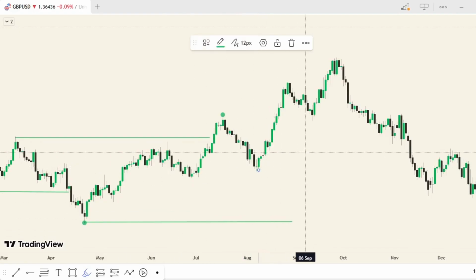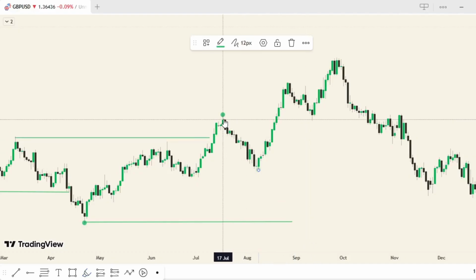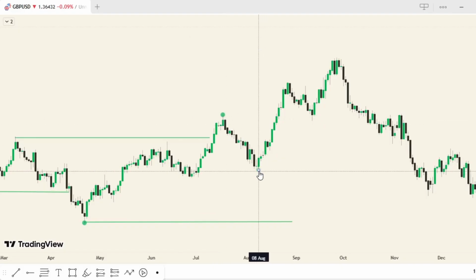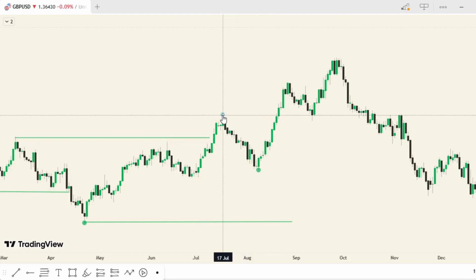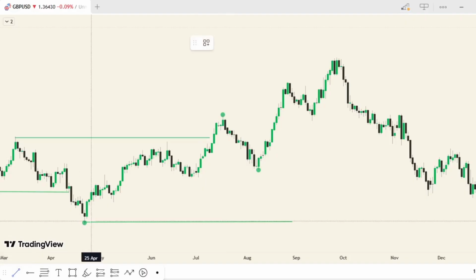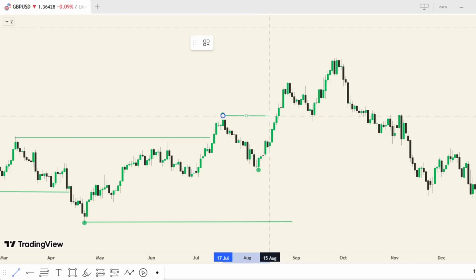Now that we have printed a new higher low, if the market sold from this high down to where we printed a new higher low, I should be looking for trades that will target this particular structure, which is the next draw on liquidity, or should I say this particular swing high.